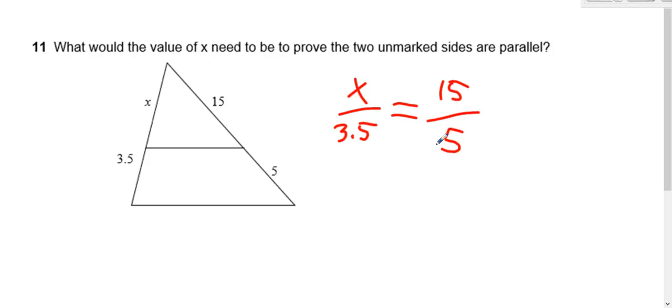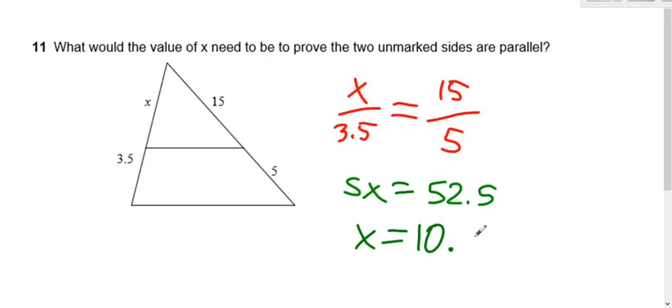So you cross multiply, 5x equals 3.5 times 15, which is 52.5. And divide by 5 to find x equals 10.5.